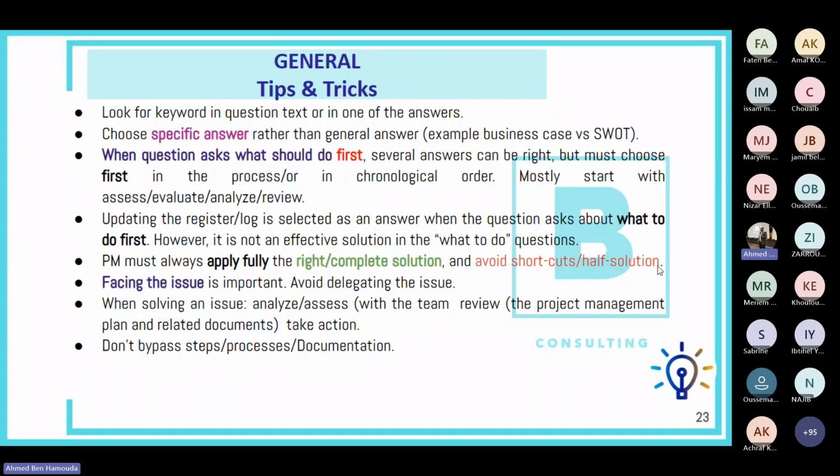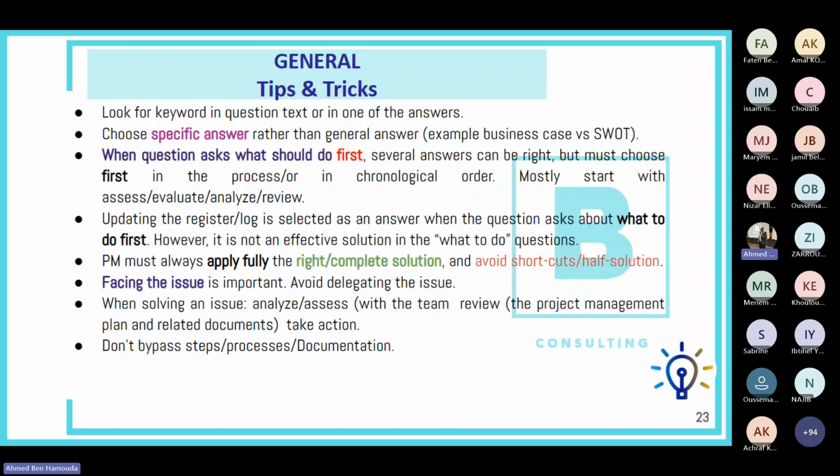So for example, if you have a situation with a stakeholder, and it's a conflict, and the question asks you what to do in the situation. Don't just say, for example, I send them an email, or I phone them and let them know that they need to do their job.